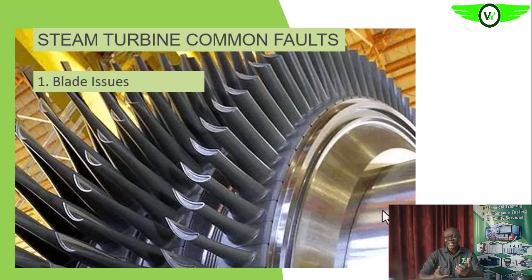That energy acting on it will cause it to move, as we discussed earlier. So these are the blades. As the steam impinges on them, it causes the rotor to rotate. So it does the conversion of that kinetic energy into rotating mechanical energy. So anything that affects it affects the efficiency of the steam turbine.